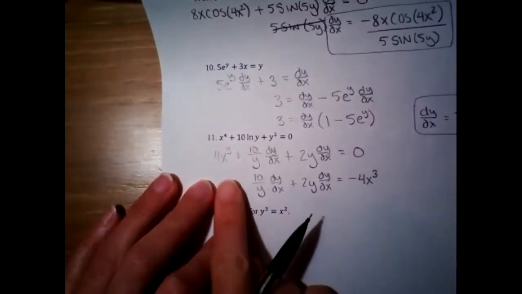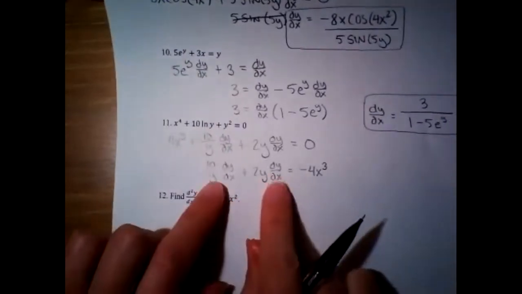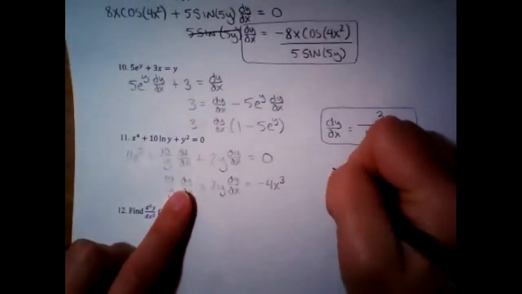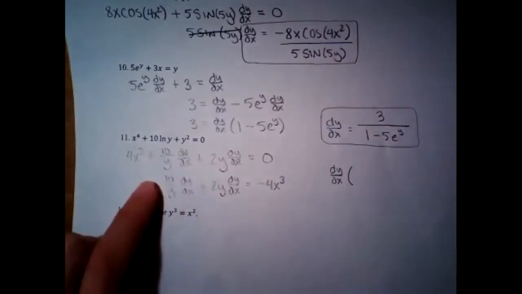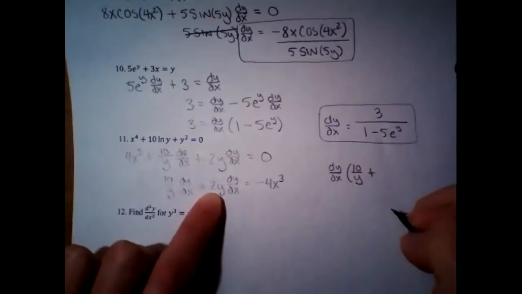All right, so I just subtracted the 4x cubed to the other side, and then I need to factor a dy/dx out. So it's a greatest common factor. If I factor that out, I'm going to be left with 10 over y plus 2y.